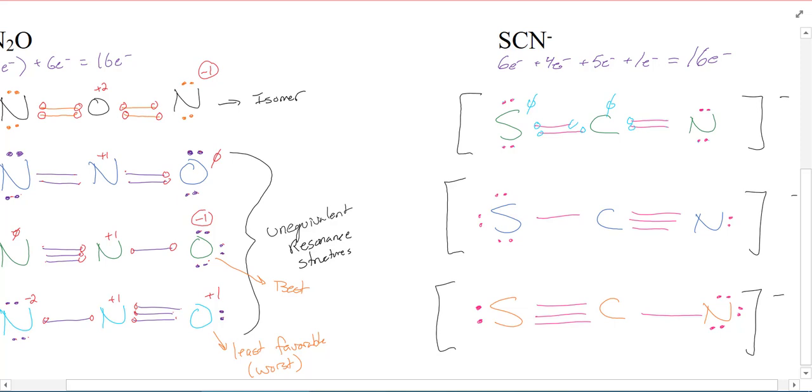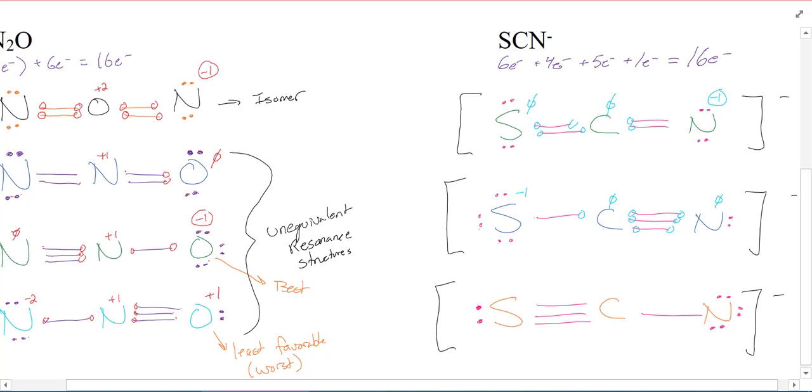It brought in 5, so it's -1. The blue one: sulfur has 1, 2, 3, 4, 5, 6, 7. Sulfur has 7. It brought in 6, so sulfur is -1. Carbon: 1, 2, 3, 4. Has 4, 0. Nitrogen: 1, 2, 3, 4, 5. It has 5. Brought in 5. It's 0. Well, the green and the blue look pretty good, don't they?